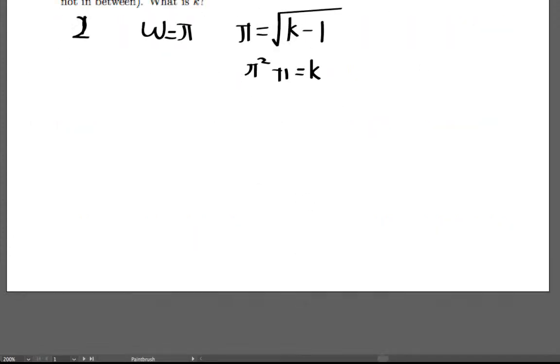Okay, and I believe that's the answer. Let's actually go ahead and just check, just in case. Oh wait, no, actually, I think I messed up somewhere. Why did I mess up? Is it because I actually used a different one?